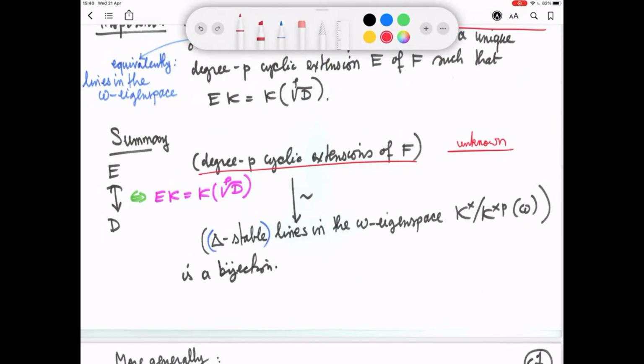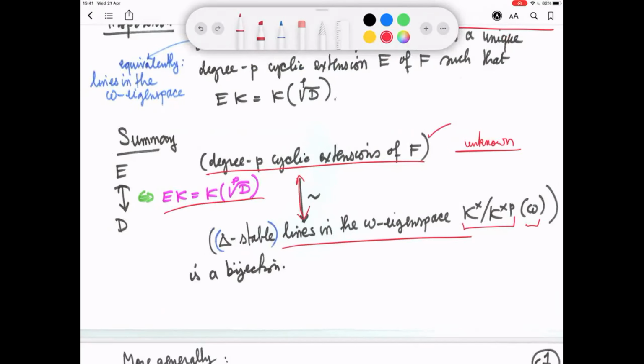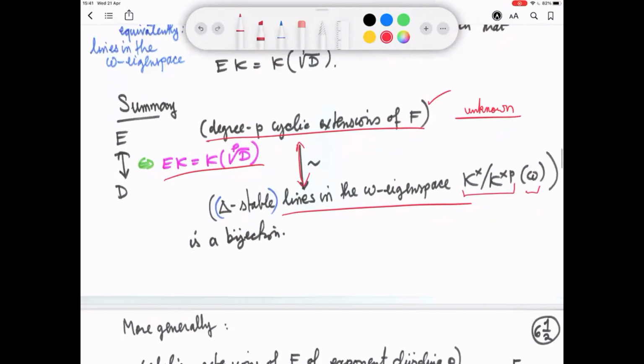But given this K, you may think of computing K star modulo K star to the P and the omega eigenspace. And of course, then lines in this, if there's a natural bijection, then you have sort of understood this set. You have put it in bijection with a known set.